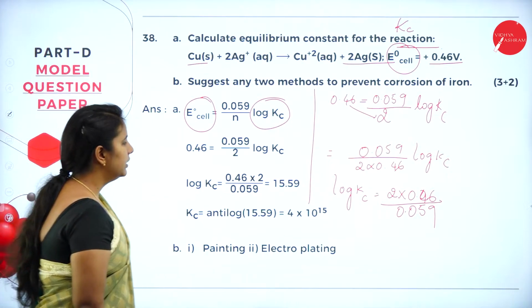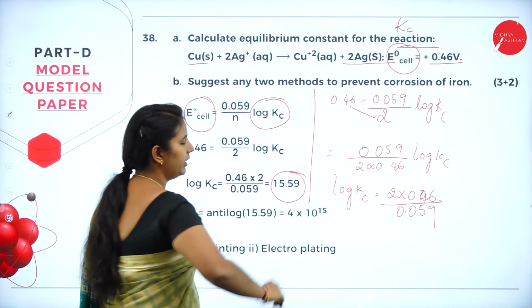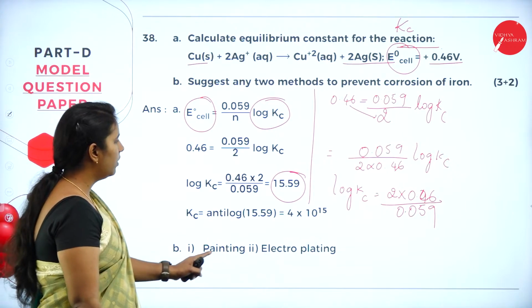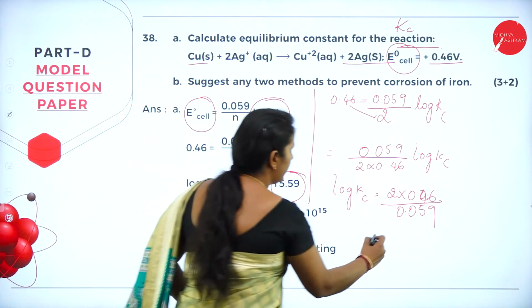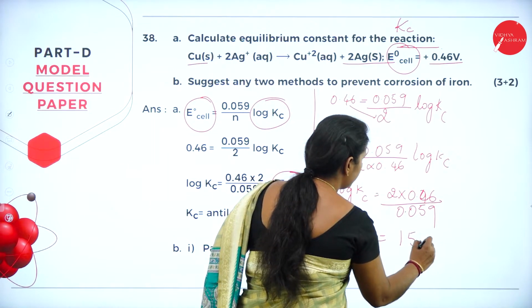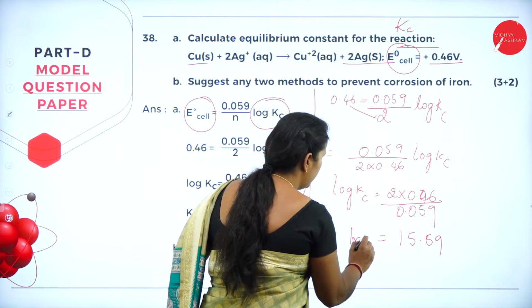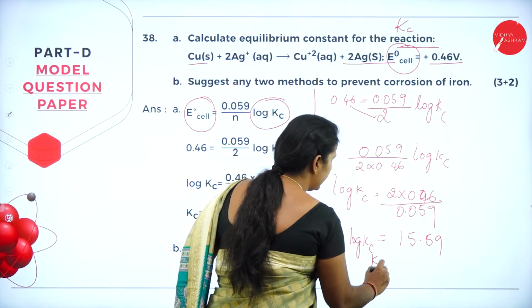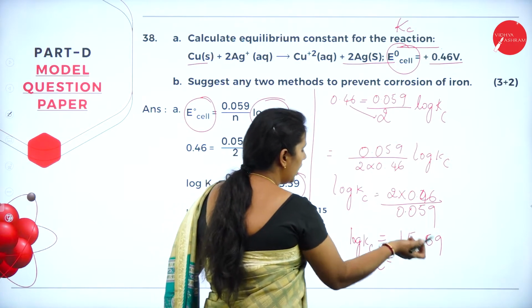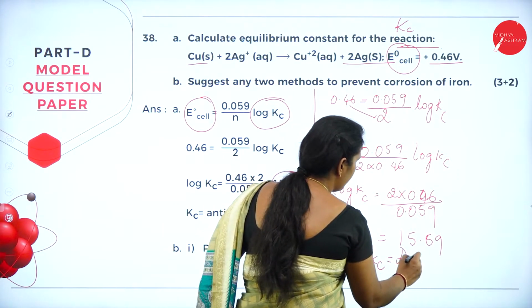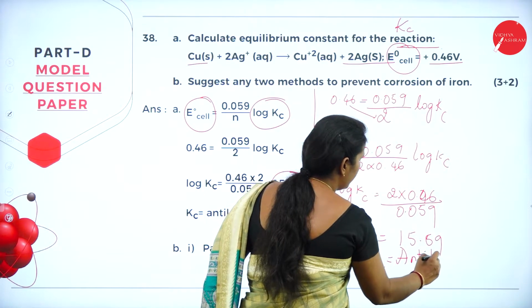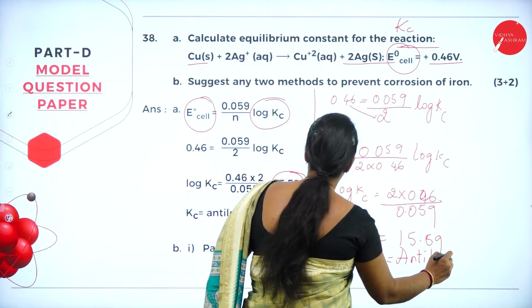How much will you get? You will get 15.59. That is the log Kc value. If you want to calculate Kc, the log comes outside and it becomes the antilog of 15.59.